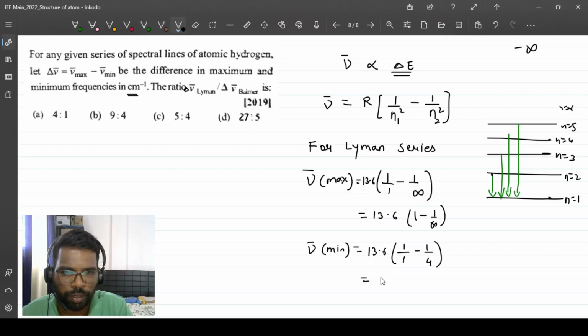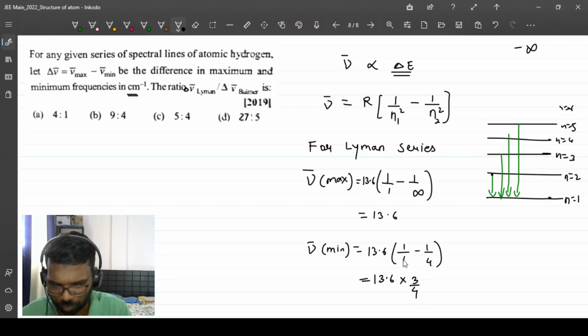We need to find the difference. Considering 1 by infinity as zero, the maximum is 13.6, and the minimum I can consider to be 13.6 into 3 by 4, right?